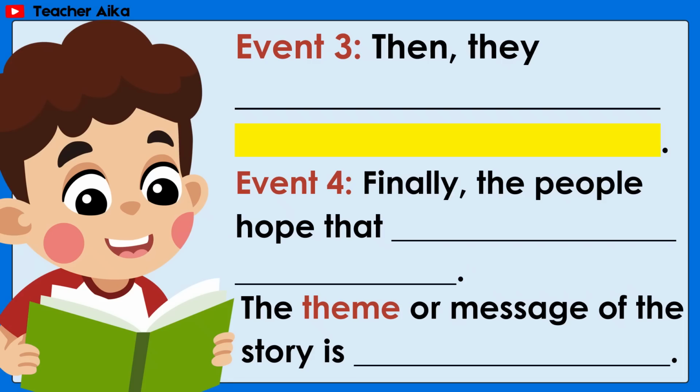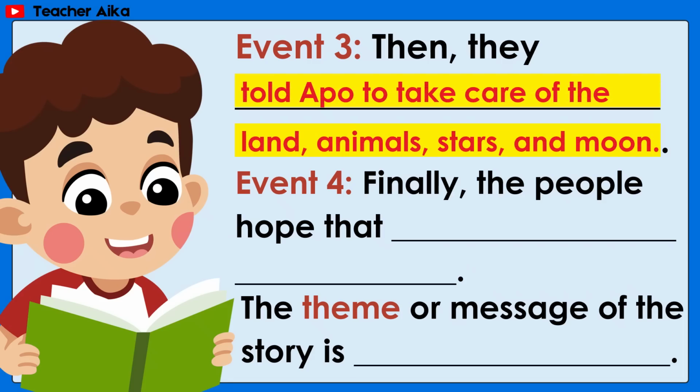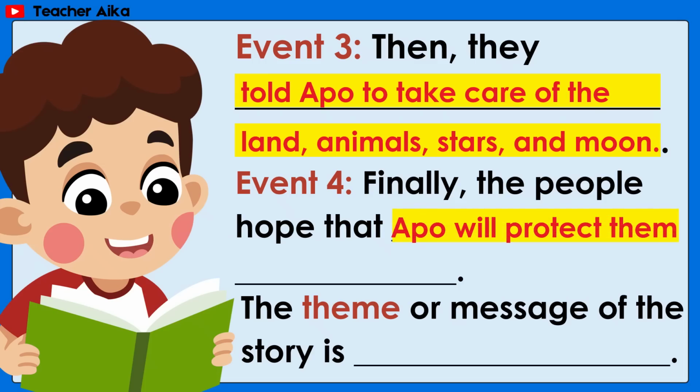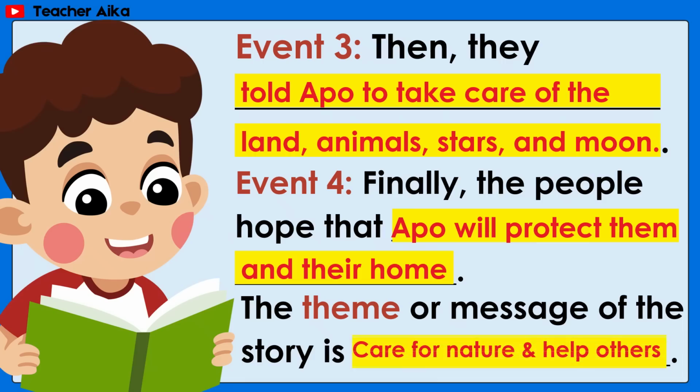Event 3, then they told Apo to take care of the land, animals, stars, and moon. Event 4, finally, the people hope that Apo will protect them and their home. The theme or message of the story is care for nature and help others.